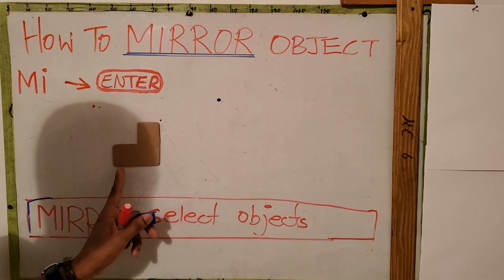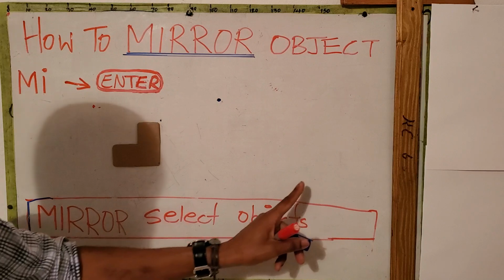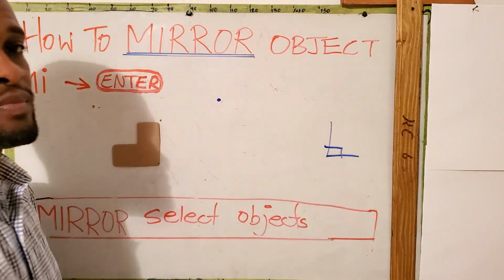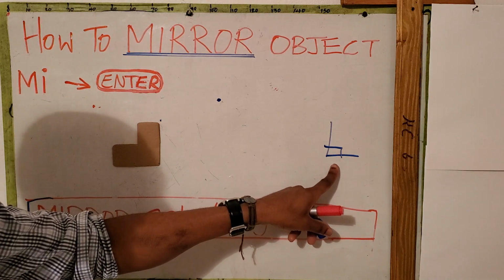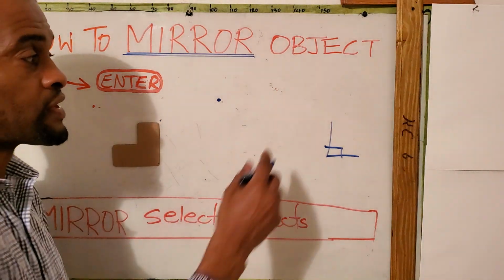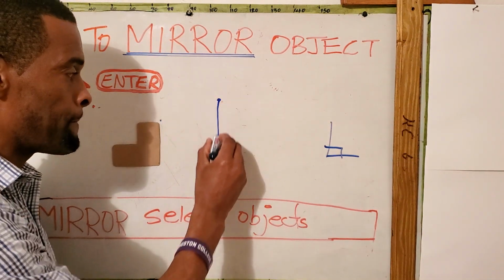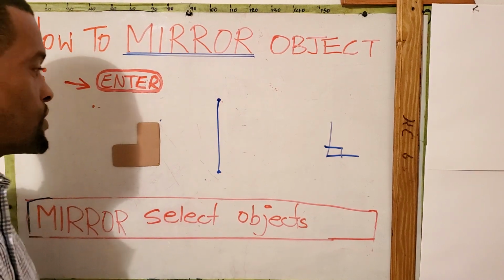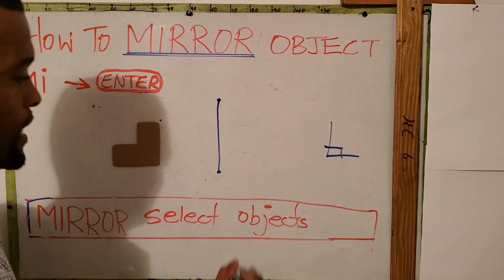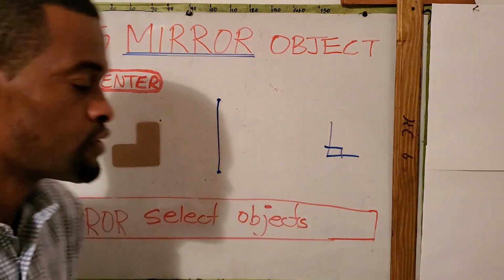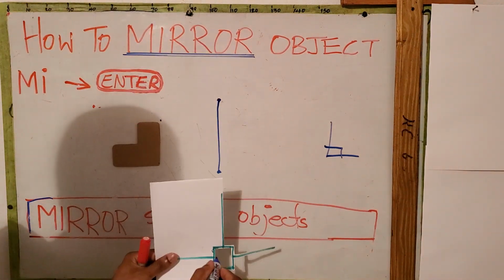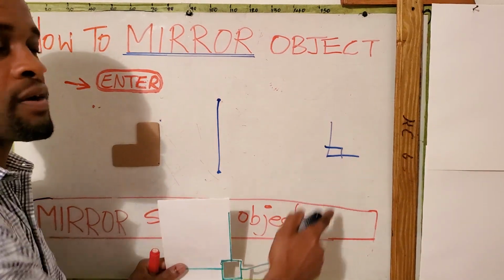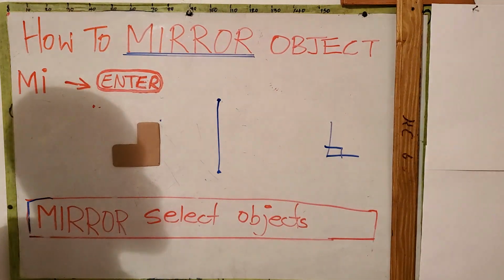Now, if you want this to be aligned vertically, my advice to you is to turn on orthogonal mode. What this does is allow the line to be drawn perfectly vertical. So you just bring your crosshair down to the status bar and left click on this icon to get your line vertical.